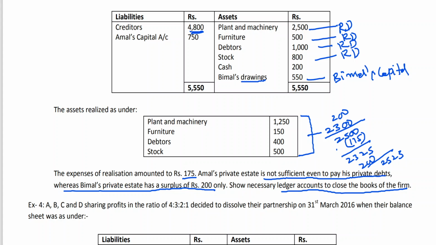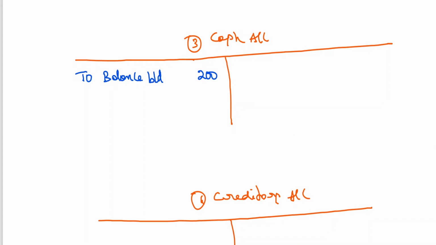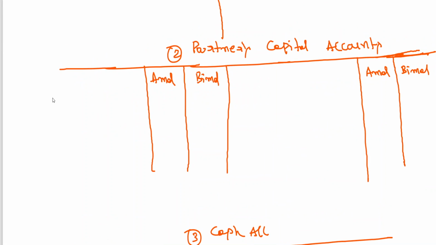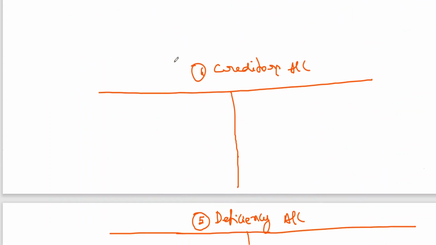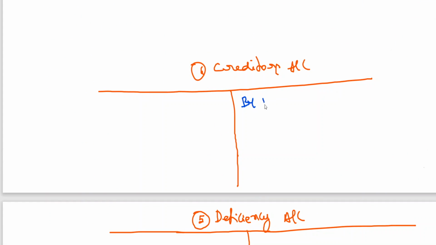Bimal's drawings will be transferred to Bimal's capital. It's 550. Creditors, I told you don't transfer to realization account. We have opened creditors account. By balance brought down 4800.